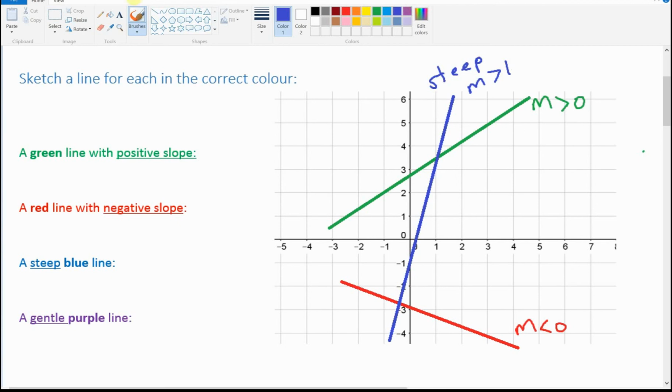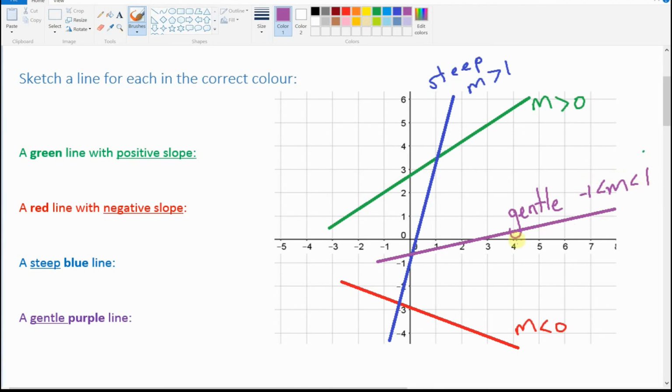And now let's do a gentle line. Easy hill to climb. I can make it up there with my bike. So for this, our slope has to be somewhere between -1 and 1.